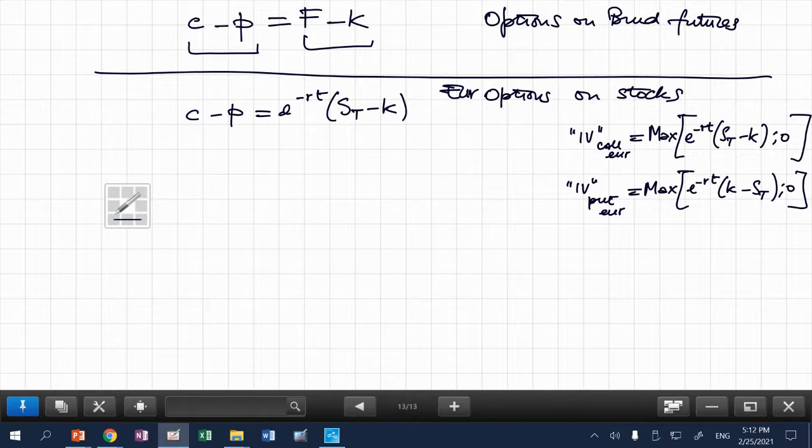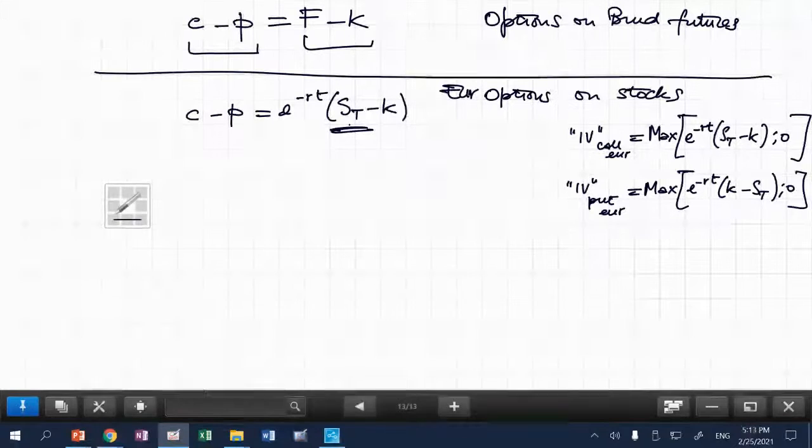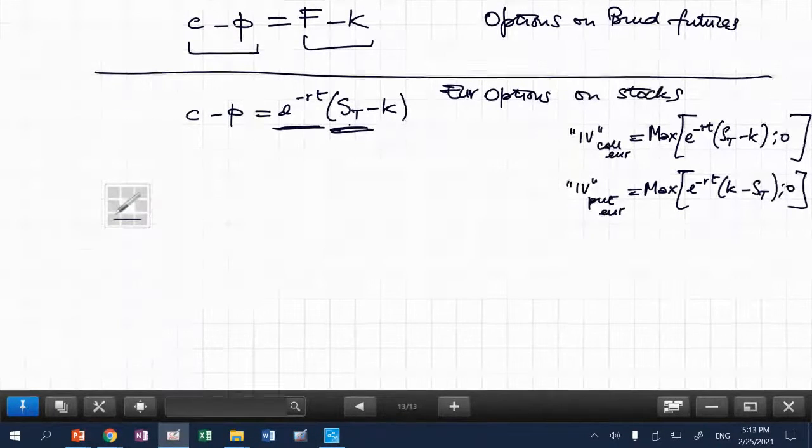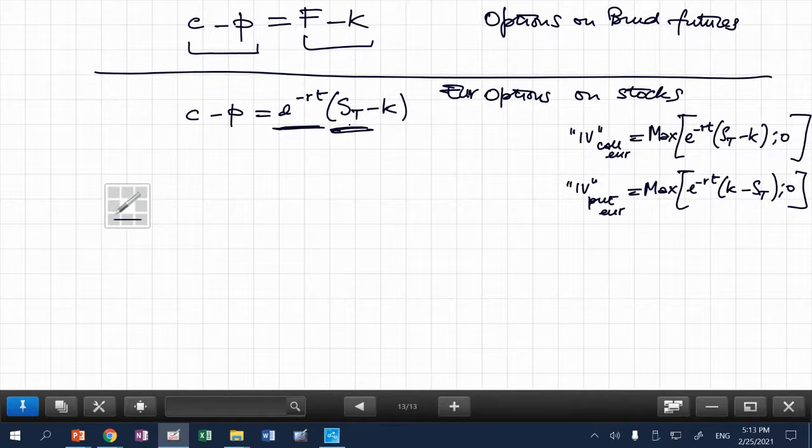The only difference is that you have a different ST. If you have an option on a stock, ST is S times e to the power RT. If you have an option on a stock with a discrete dividend, you have S minus I times e to the power RT. But if you write that in terms of the forward price, in these terms, it always works. Okay? And you have just one formula for all option types with the premium paid in advance. With premium paid today, because this discounting comes because you are paying the premium today. Is this fine? So all the formulas there are variants of this.